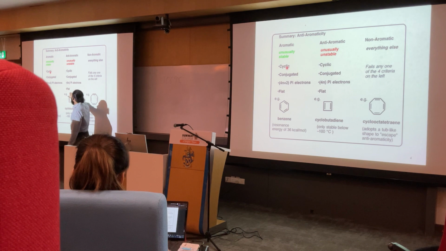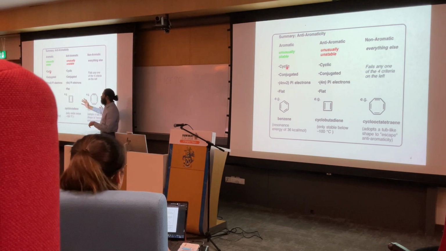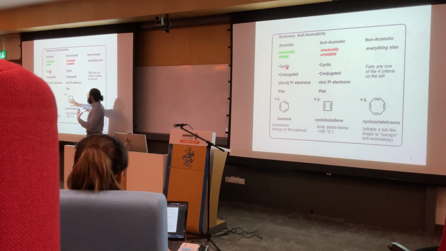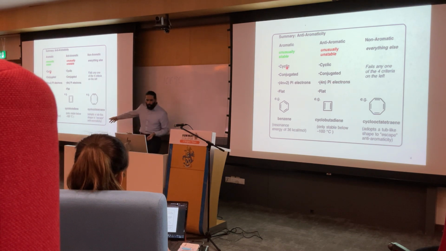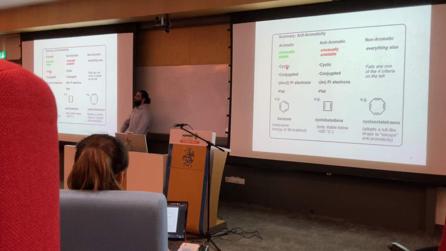So this is an example of anti-aromatic compound. Very unstable, very difficult to form, and just there for some small time. As it says, only stable below minus 100 degrees C. So if someone needs it, then they will be working at minus 100 degrees.